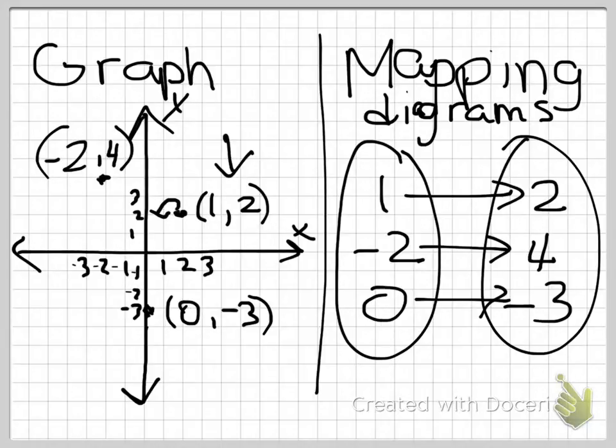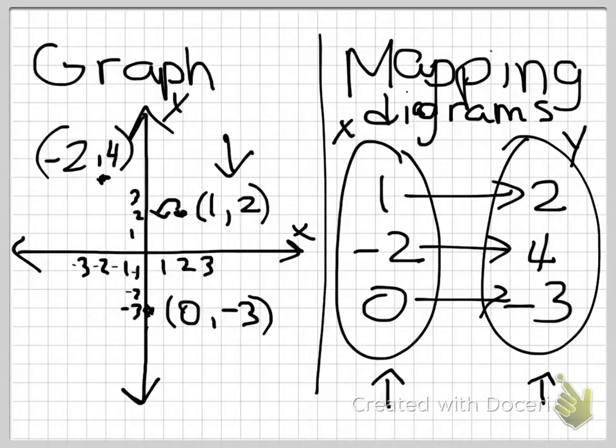And then lastly, representing a relation, you could use a mapping diagram. This is similar to a table where you have the x-coordinates listed in one circle here in the oval, and the y-coordinates listed in the other. Usually you would put an x at the top and then a y at the top of the other mapping diagram.